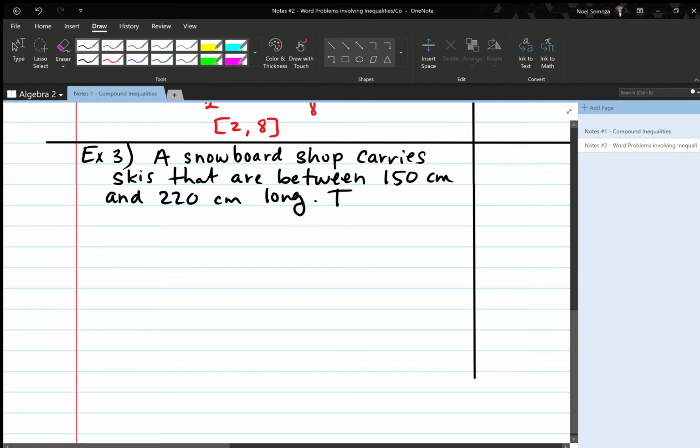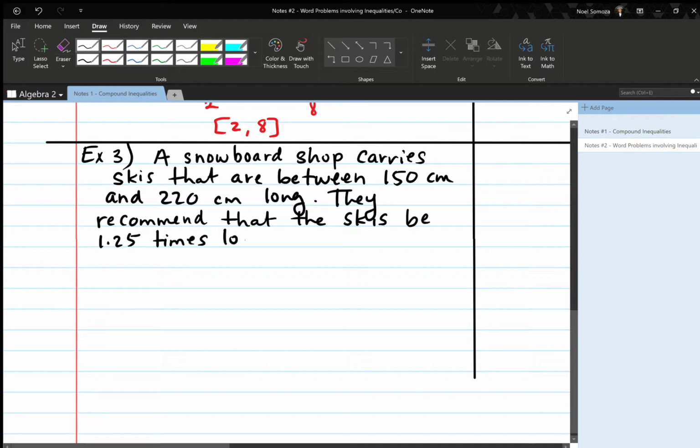They recommend that the skis be 1.25 times longer than your height.